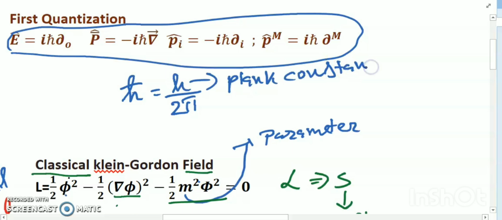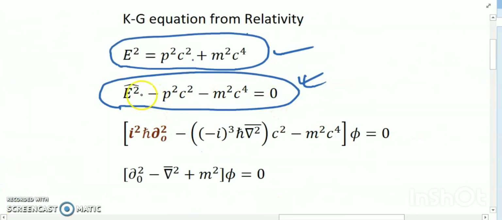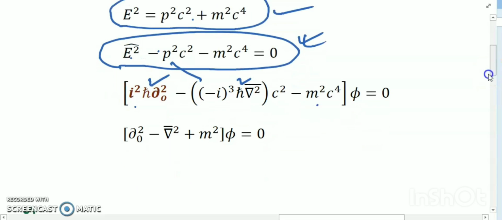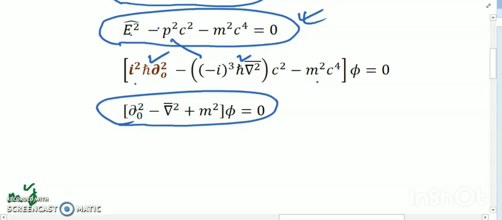So I apply it in here, putting E equal to this value, so I get i h bar squared del 0 squared minus i cubed h bar squared del squared c squared, just putting in the p square values, plus m square c to the power 4 psi. Now I take psi common, so I get del squared. This is the equation.